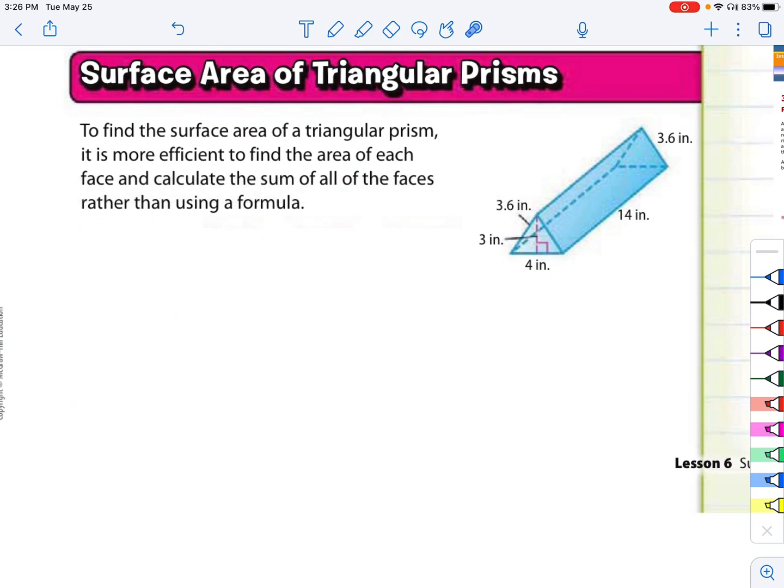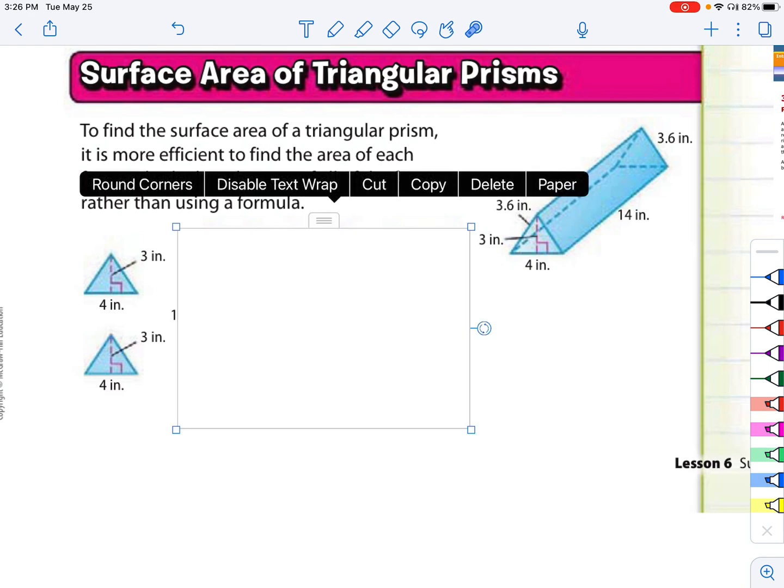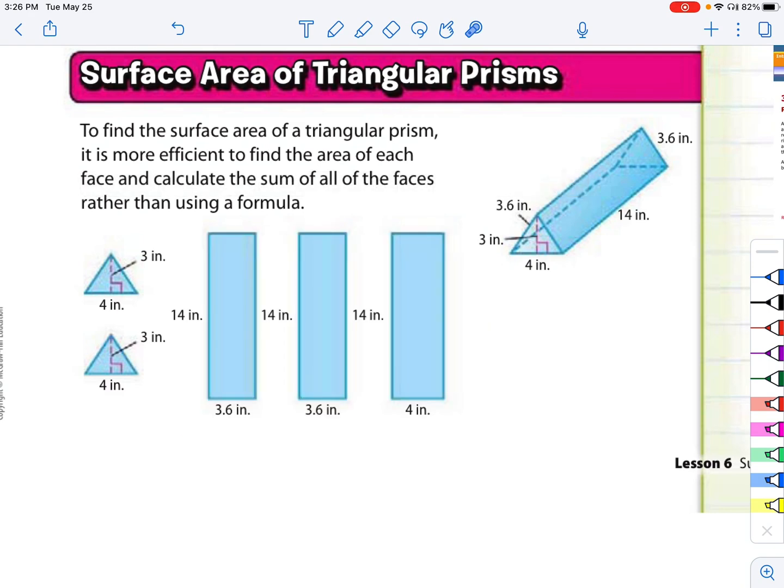This is how our triangular prism will look right there. If you notice, it has 2 bases, which are both triangles, with a height of 3 inches and a base of 4. And we have 3 rectangles. Each rectangle has a length of 14 inches and a width of 3.6 inches.